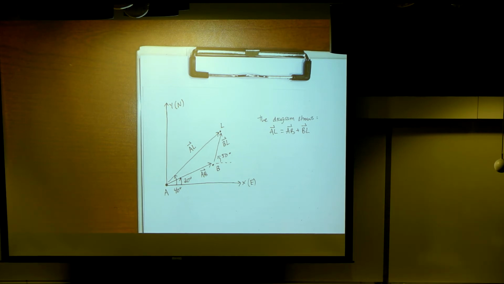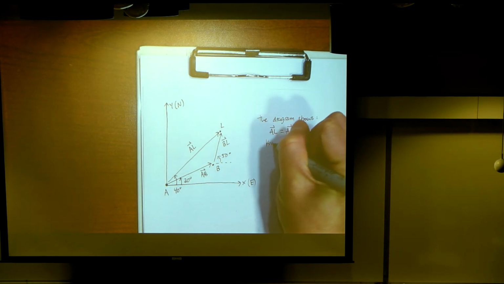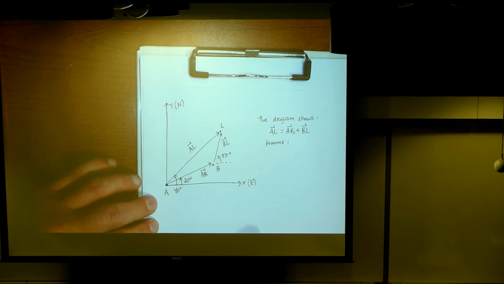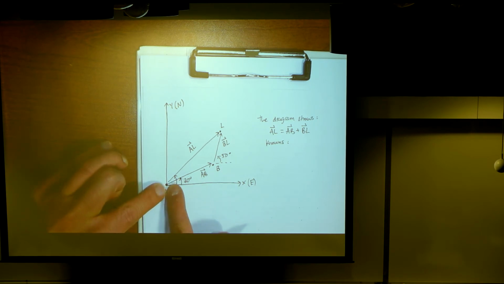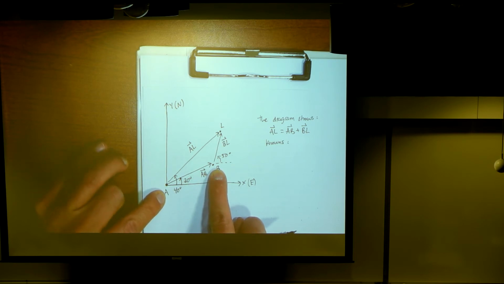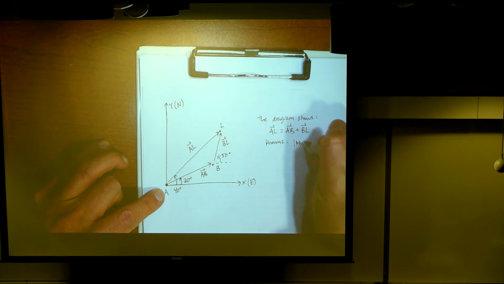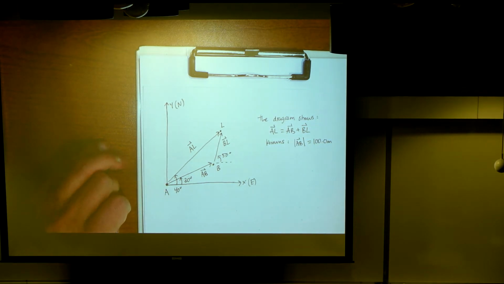So let's talk about what's known. What quantities in this problem do we know? Well, we know the distance between Alice and Bob, right? That would be the magnitude of my vector AB. That's the 100-meter distance that we're given, okay?